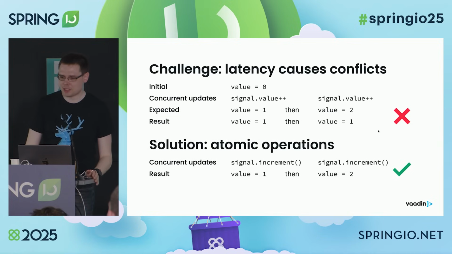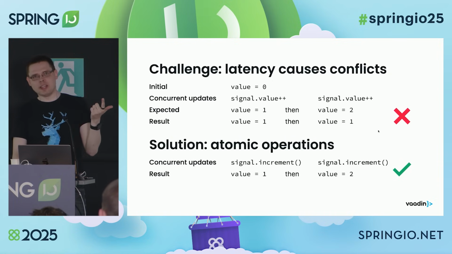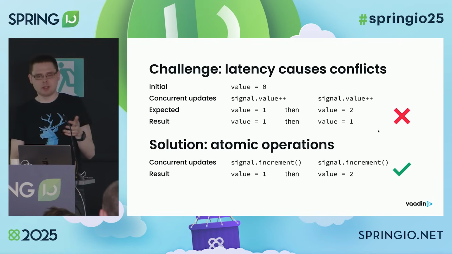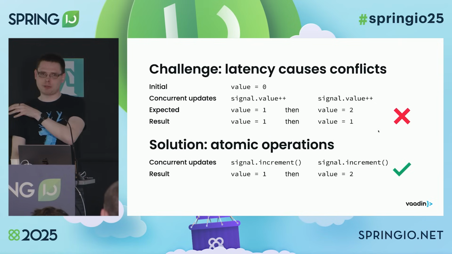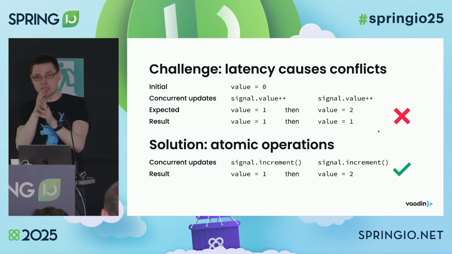Great. So that's important to keep in mind, and that also leads to the thing that we need to have different kinds of signals with different kinds of operations. For numbers, we got increment, multiply by, those kinds of things. For lists, it's insert first, insert last, remove an item, not by the position, because that might change.